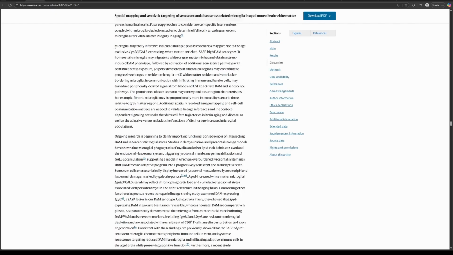Okay, so in this one, they're telling us how these senescent microglia may come into existence. They might start expressing this bad gene after migrating to white or gray matter niches and obtaining a new phenotype. So persistent stress in anatomical regions may cause the change.